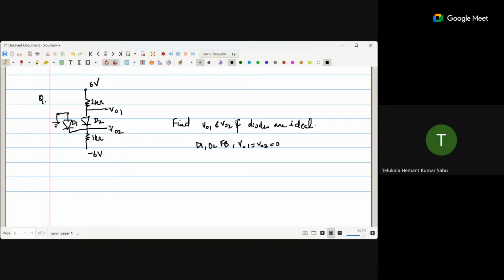No, ma'am. You told V02 to be minus 2 volt. Okay, fine, that is by voltage divider. Then how did you proceed? Ma'am, D2 forward voltage is 0, so V01 will automatically be the same voltage as V02, ma'am.